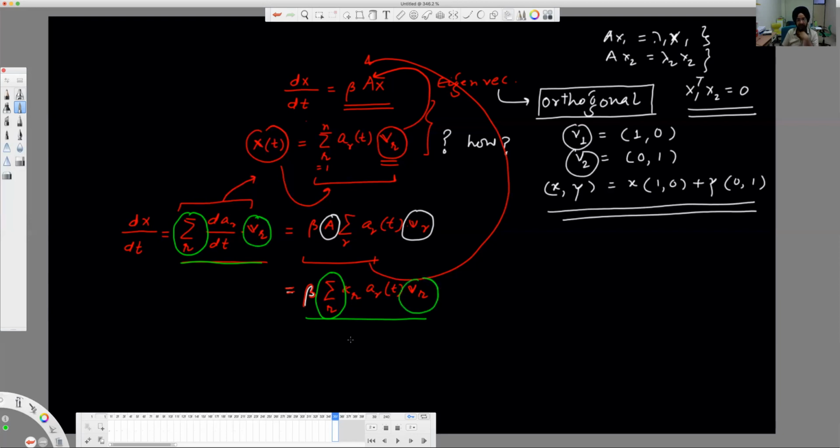Which means that I can express d a_R by dt should be equal to kappa_R times a_R, and beta, sorry, beta should also be there. It's not common in both equations. So I know this equality holds, right? By comparing this equation and this equation, I found that this equality holds. Now what we can do is put this value in this equation.